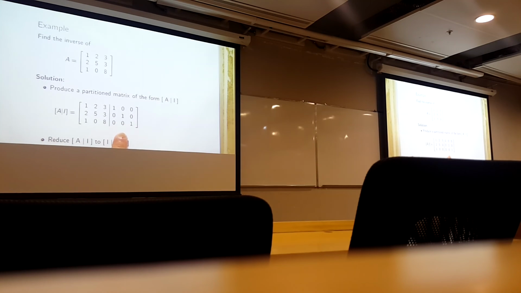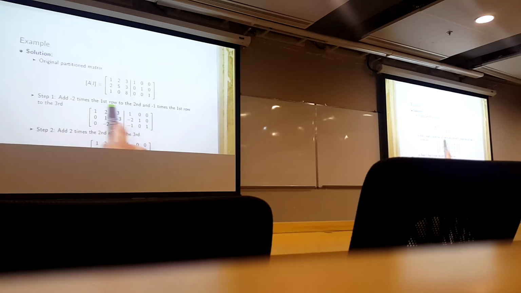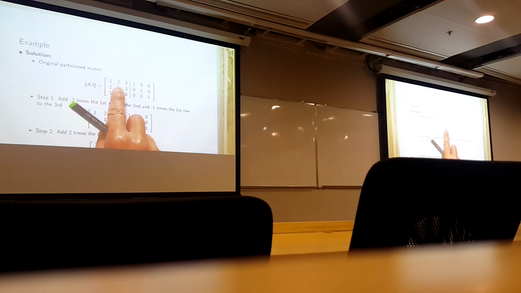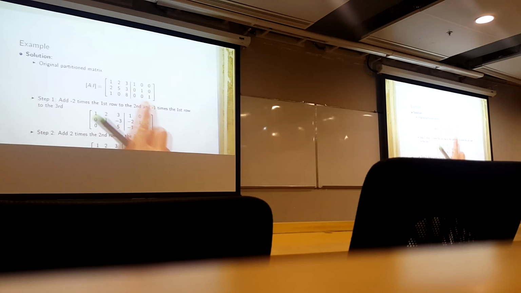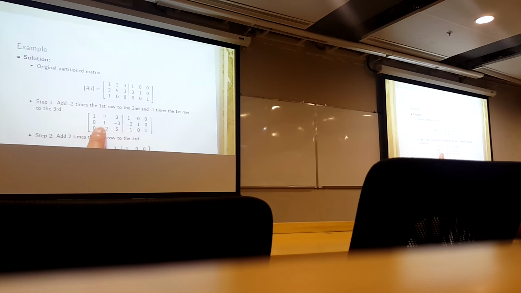And start from this matrix, perform the elementary row operations, which I have done all steps for you with explanations on the slide. Say, multiply the first row by -2 and then add to the second row. And then multiply the first row by -1 and then add to the third row. We get this one.